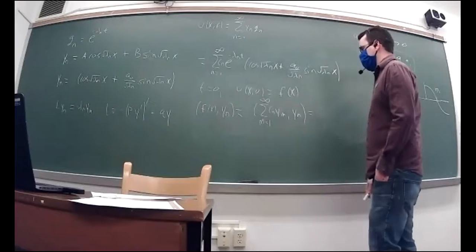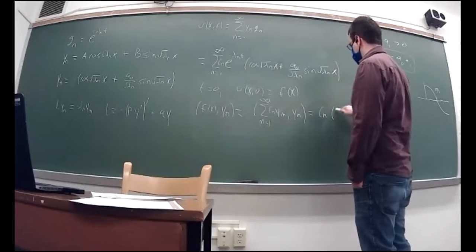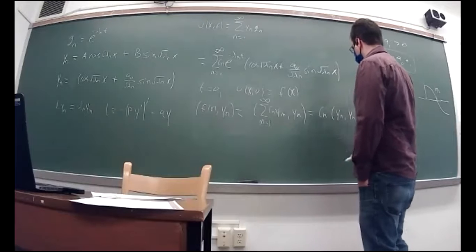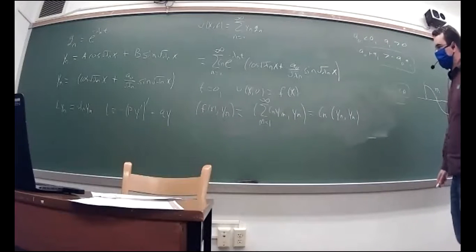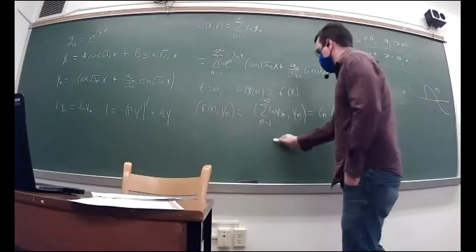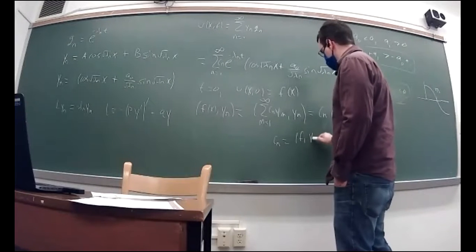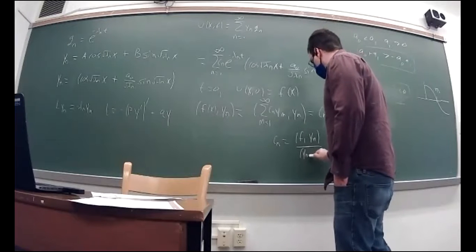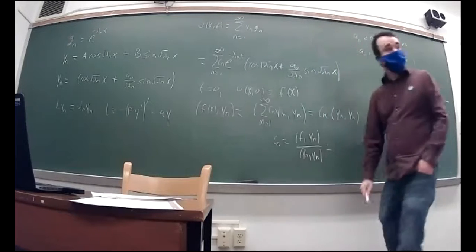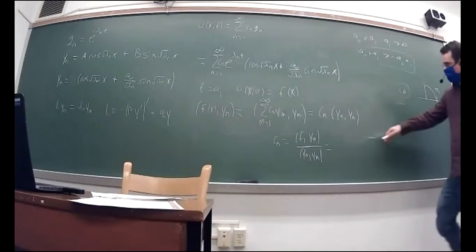And by orthogonality, this becomes c sub n times the L2 inner product of y sub n with itself. And so this is the formula you already know. We've seen it 1,000 times. So this is the L2 inner product of f and y sub n over the inner product of y sub n with y sub n.